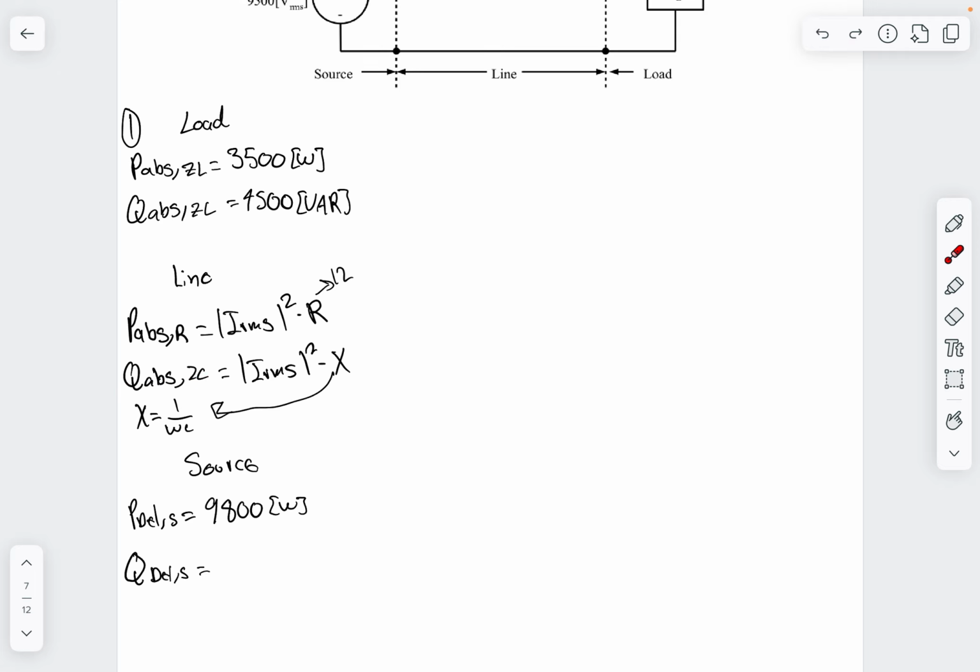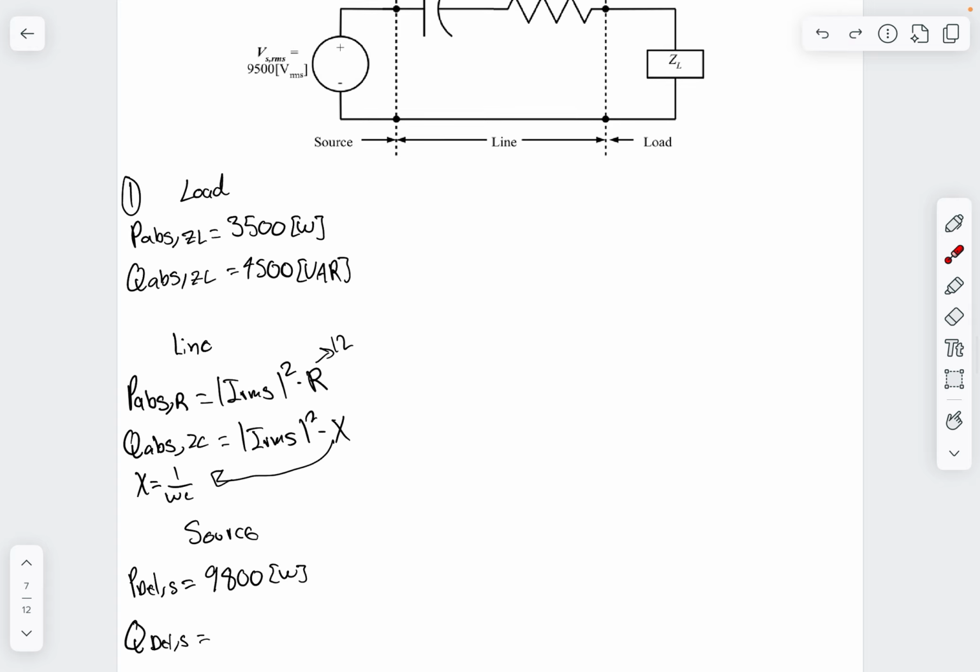The first thing we are able to find is the current flowing through it. We were able to find that because we have all the P's, all the active power already identified in our circuit, for the load, for the line, and for the source.